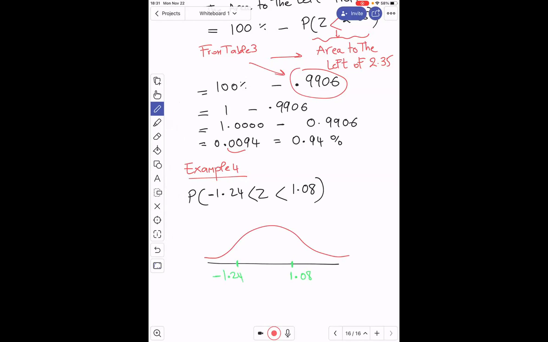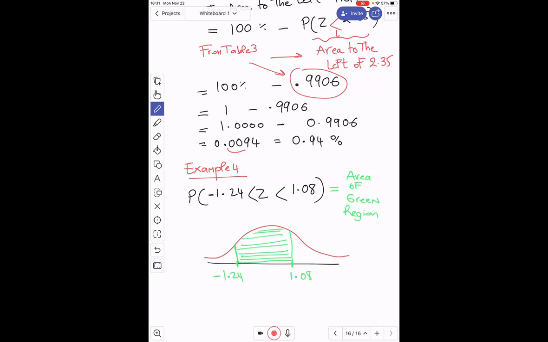So we need to find the area of this green region, right between these two numbers.